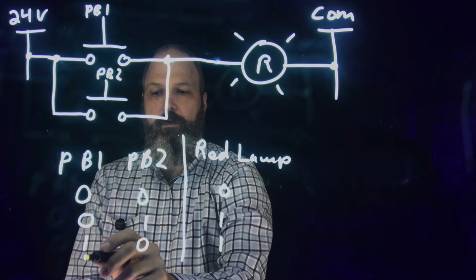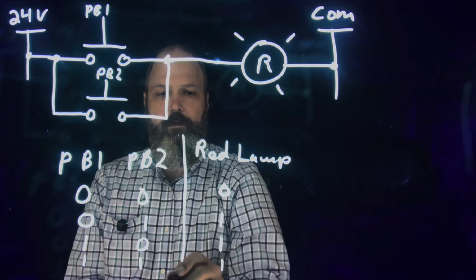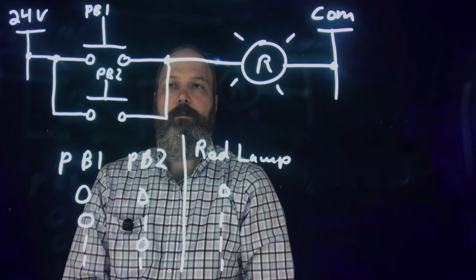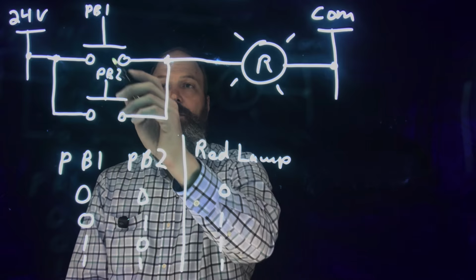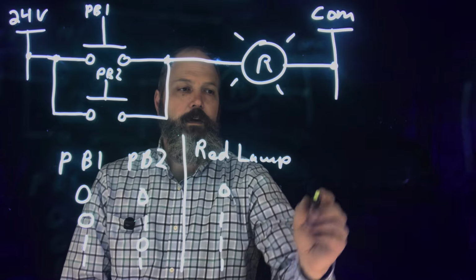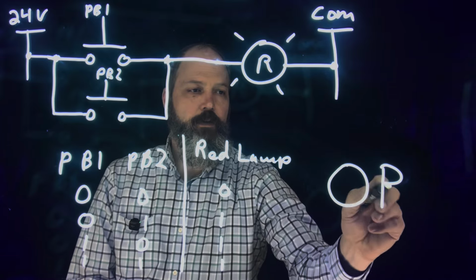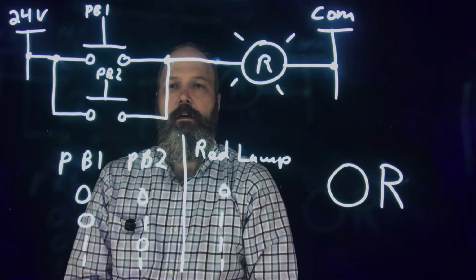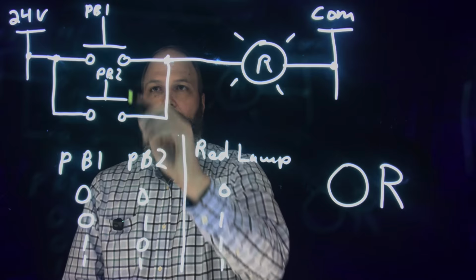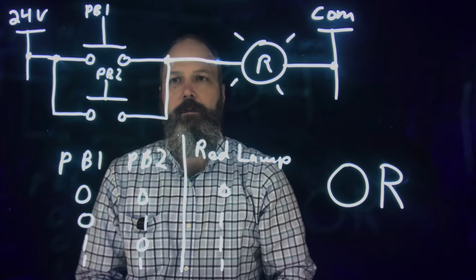And of course, if you press both of those buttons, then you have the red lamp energized. We can press PB1 or PB2. So we call this OR logic. We cover not, and, or logic, you press one or the other.